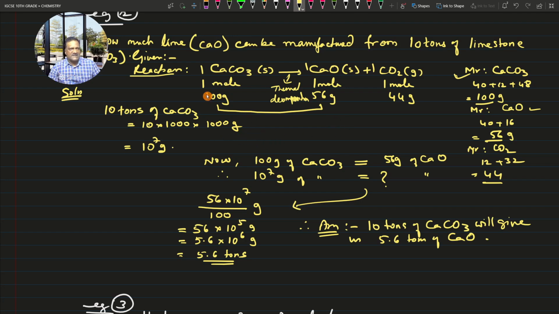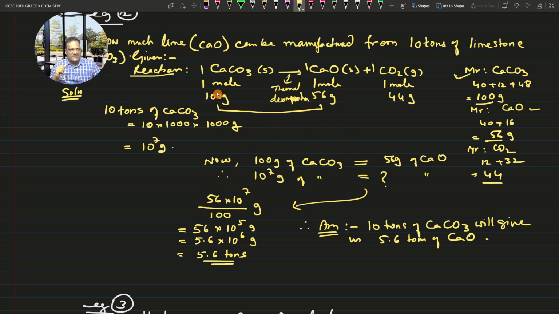Now the question is, how much lime or CaO is produced from the 10 tons of limestone? Here you have only one reactant, that is calcium carbonate, that is limestone, and for 10 tons we are asked how much calcium oxide you will get. That's the question. So it's very straightforward.